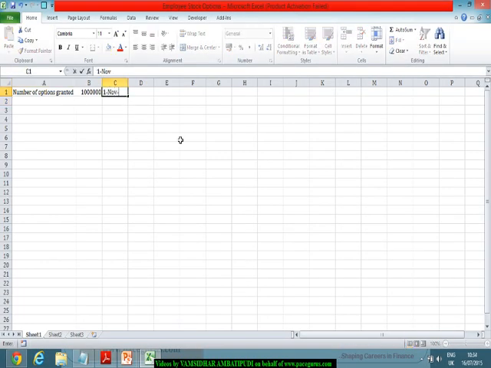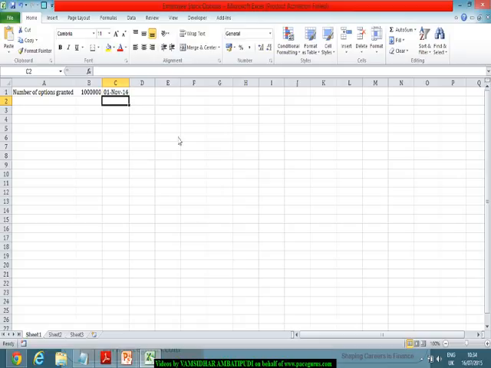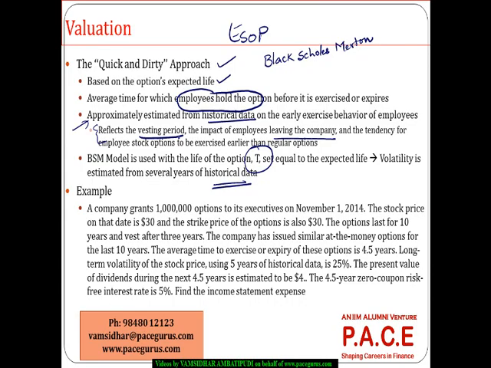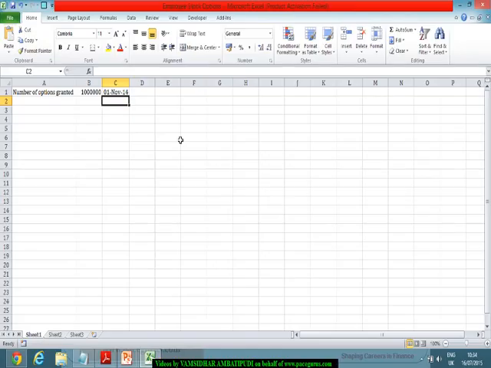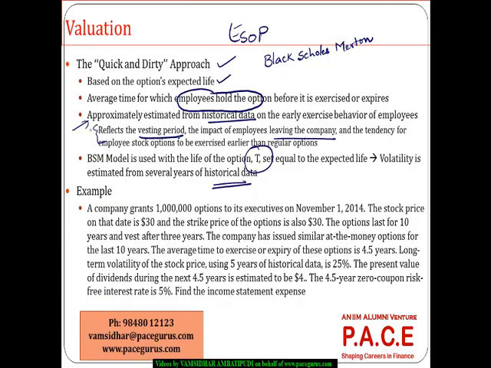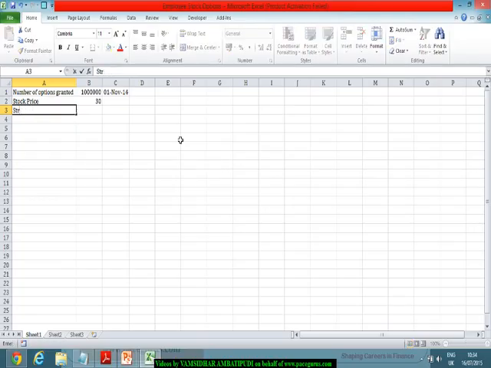Though the date may not be of any significance, let me just make a note. The stock price on that date is 30. Stock price is 30. Strike price also is 30.